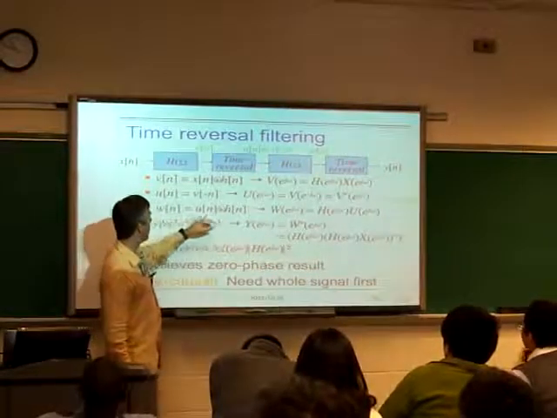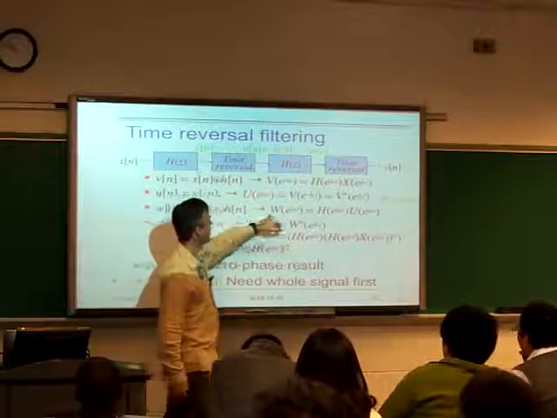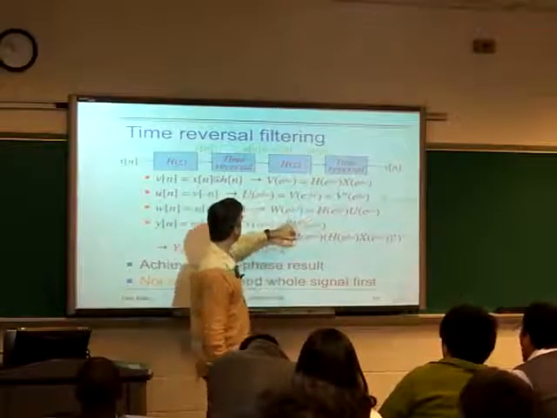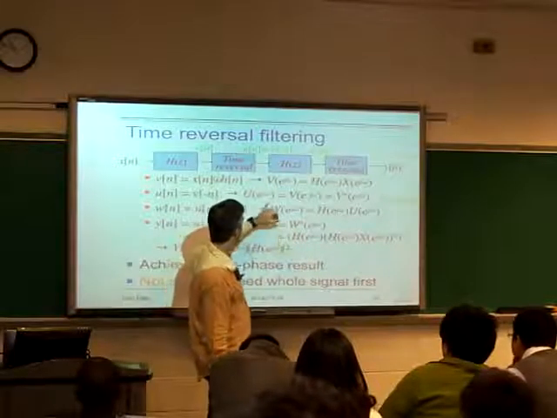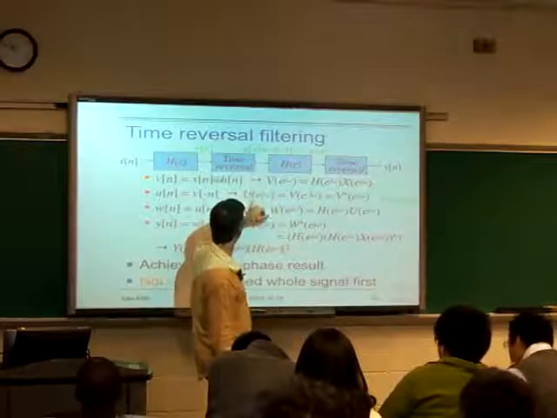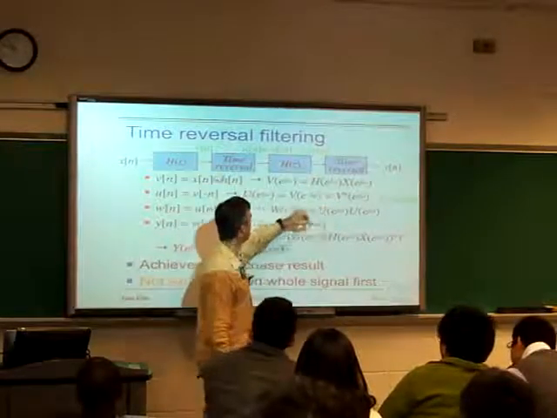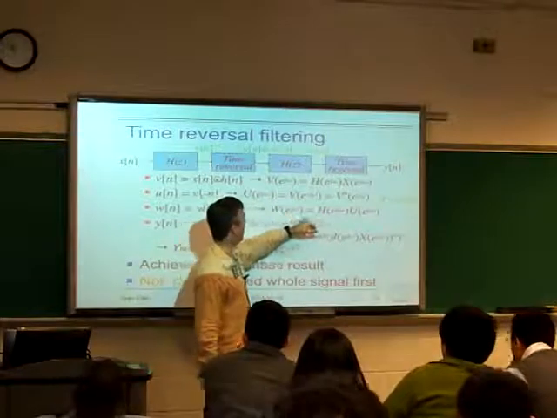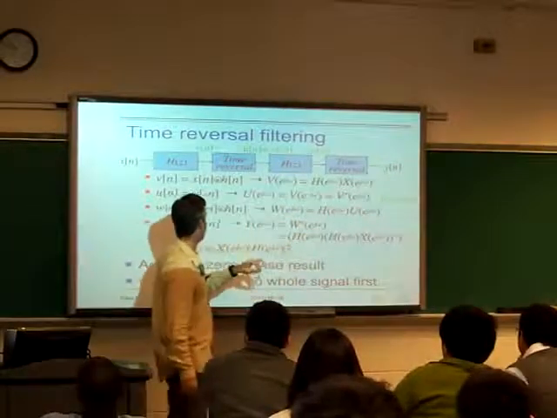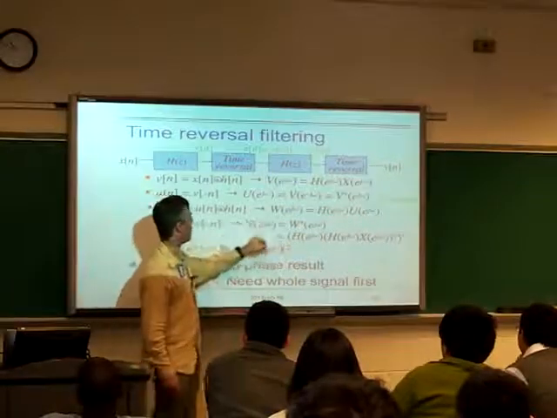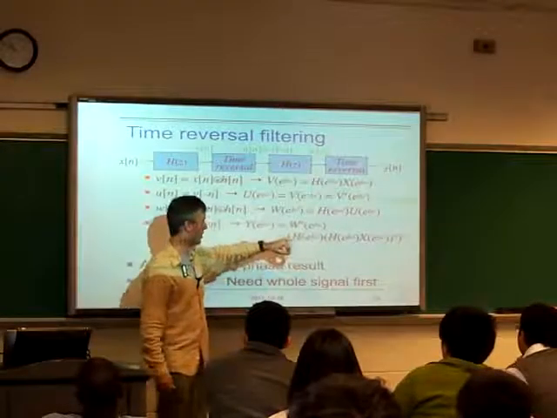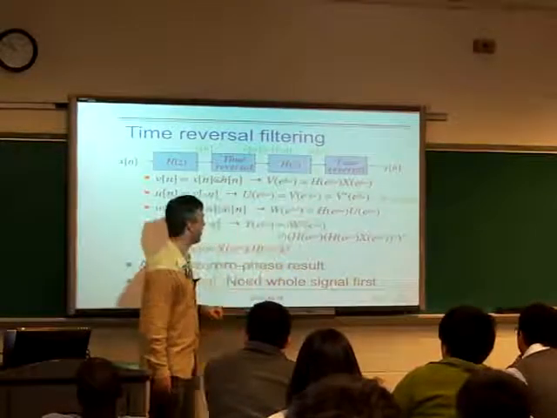Then we pass that through h of n again, so we get W of e to the j omega, so W is equal to H times U. Then we do time reversal again, so Y is equal to W conjugate, assuming, again, everything is real.